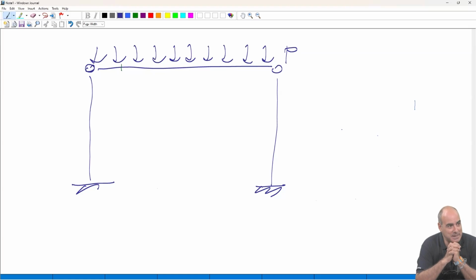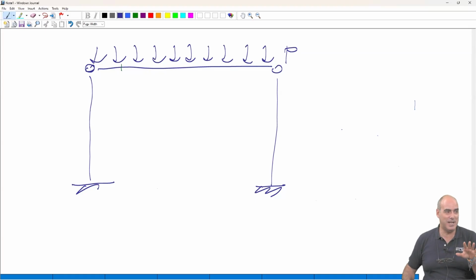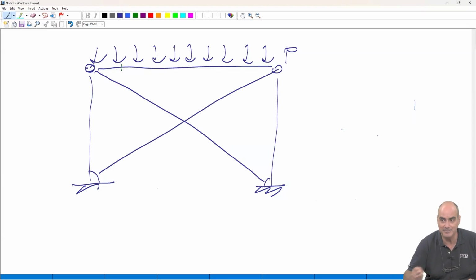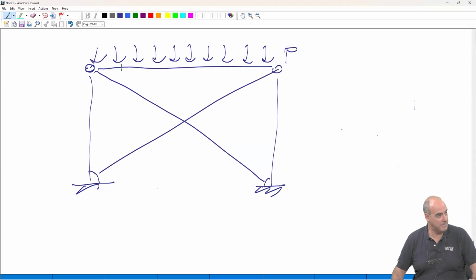Okay, that can be done, but that comes with a complication, because a fixed connection, believe me, in most cases requires a wet joint, especially at that level. You don't want to do that. The connection at the top must be pinned. Then, by bracing. And the easiest way of bracing is doing something like this. Okay?